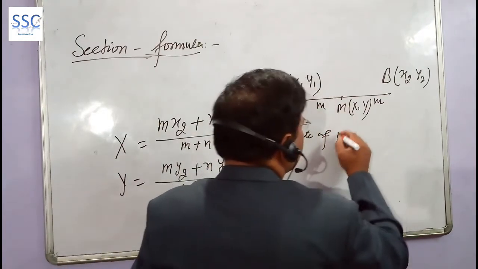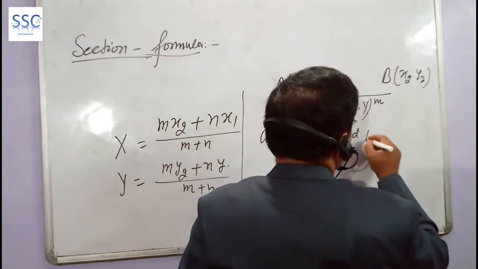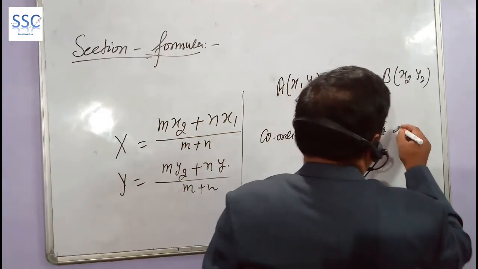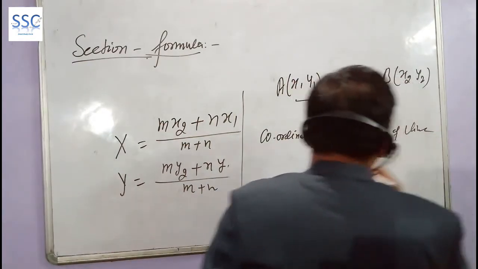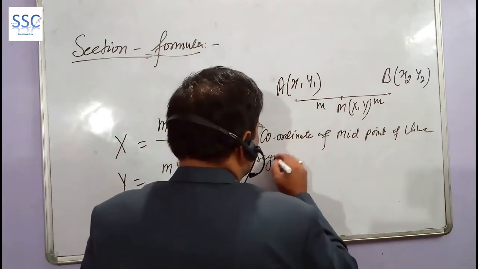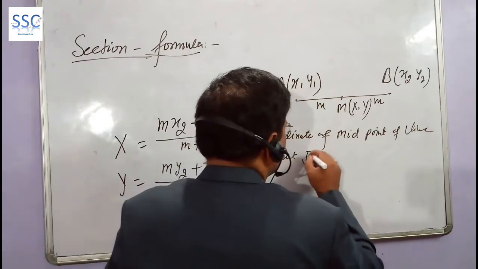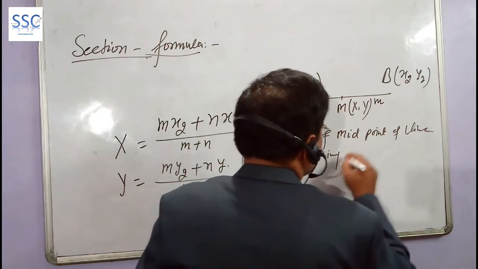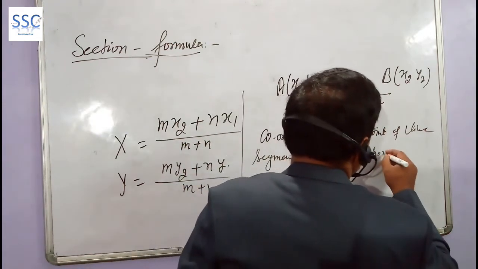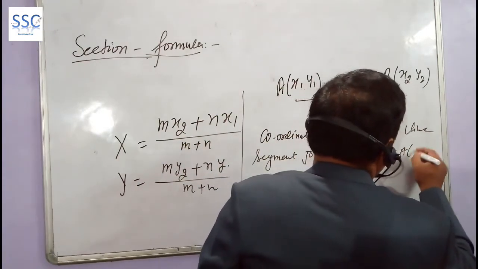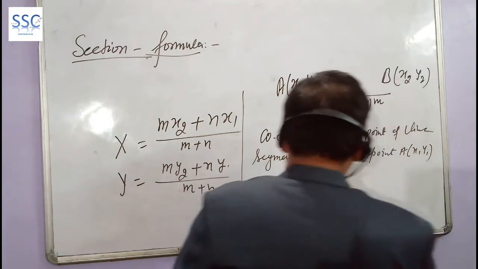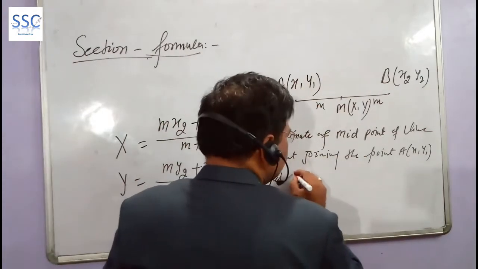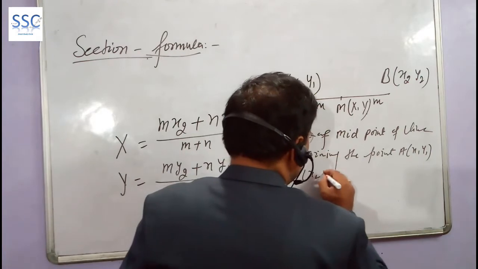The coordinates of the midpoint of the line segment joining the points A (x1, y1) and B (x2, y2).